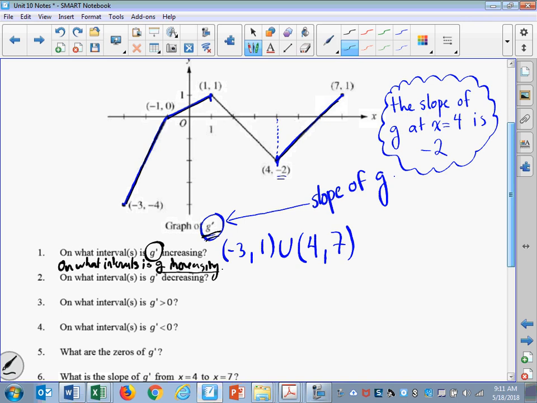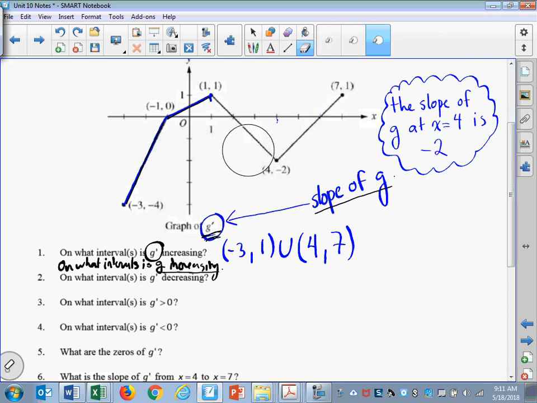Well, let me clear off my graph here. Is g prime positive here? No, because g prime is negative here. If I keep going up, right here, g prime is 0, and then these are the positive values. So these positive values are where the slope of g, the original function, not g prime, is positive.